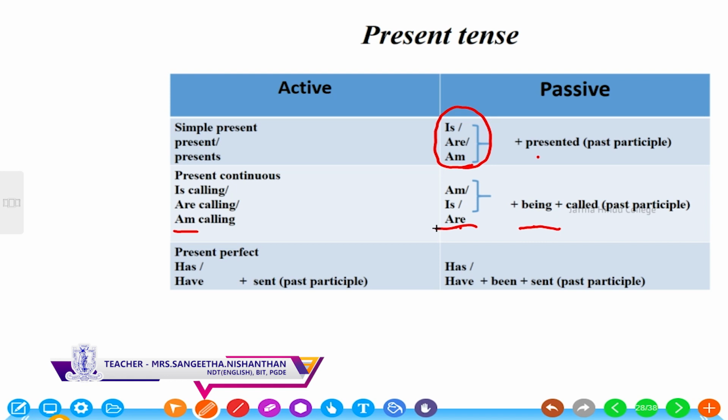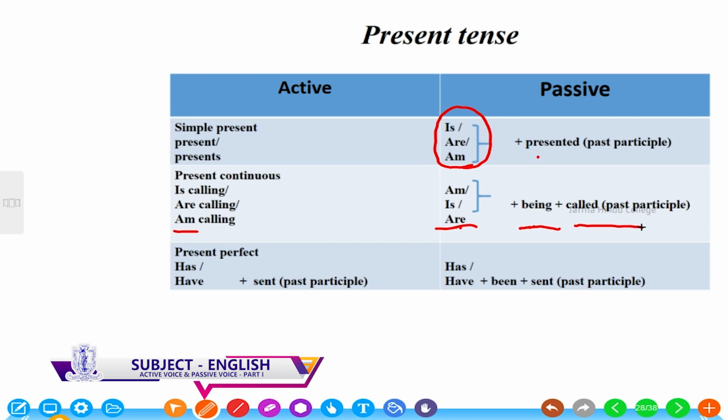When we change into passive voice, we should add a be plus past participle. So, being is added there and the main verb is changed into past participle.